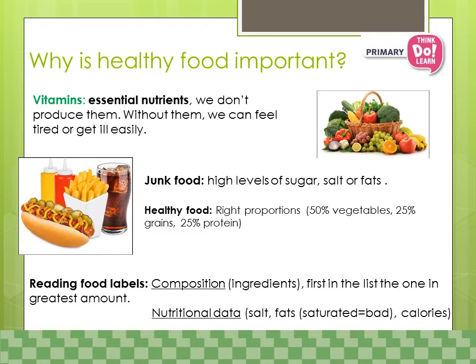Eso es una comida sana, right proportions. 50% vegetables and fruit, 25% grains, like wheat, like oats, like even macaroni, that's a grain, bread, and 25% protein, meat, fish, milk, eggs.